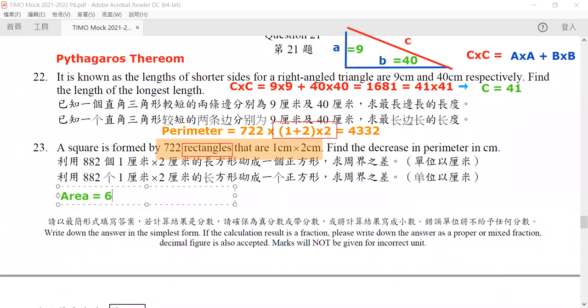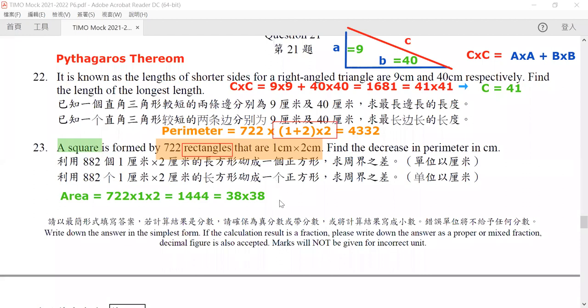It will be equal to 722 times 1 times 2, which is 1444. But 1444 is exactly equal to 38 times 38.